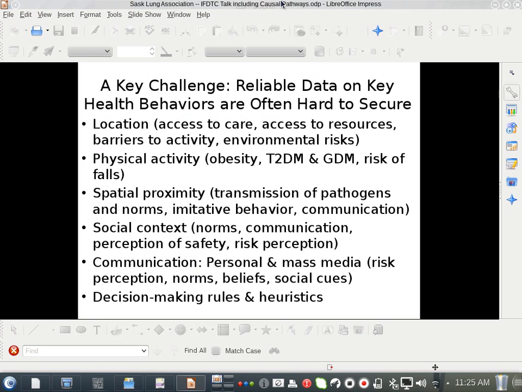And a key challenge here is that behavior on many of the relevant factors, including components such as location, physical activity, people's proximity to each other, their social context, their communicational behavior, decision-making rules and heuristics, is not well characterized by the literature.